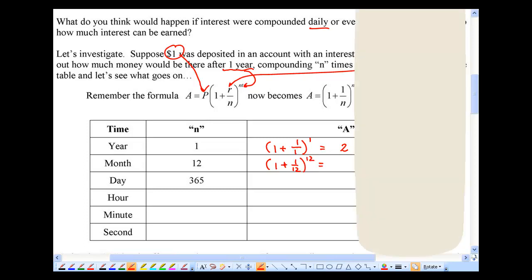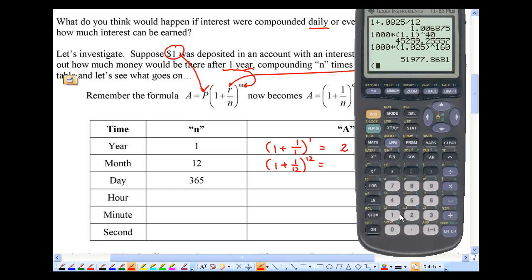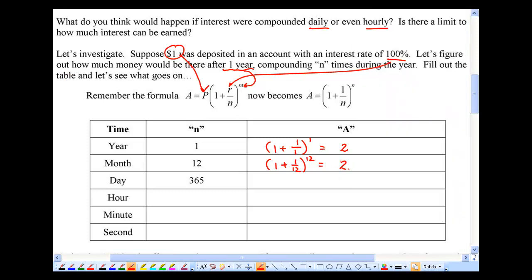So let's do that: (1 + 1/12)^12, and you get $2.61. Notice the effect of compounding here, even monthly. I'm getting smaller pieces of interest, but I'm getting it earlier on so that it has more time to reinvest and make more money. So that $2 became $2.61.